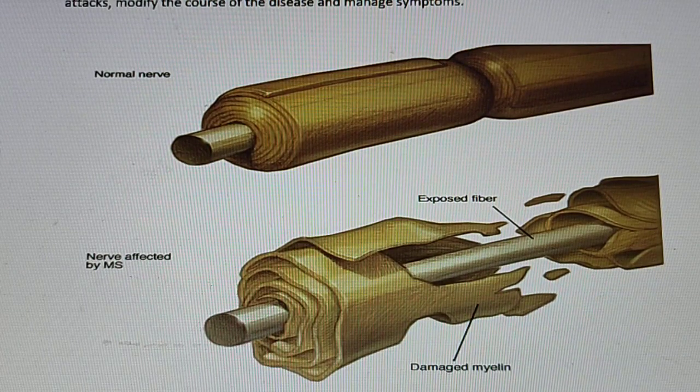The bottom nerve is the affected nerve for MS, the multiple sclerosis condition. The upper part is a normal nerve or a healthy nerve.